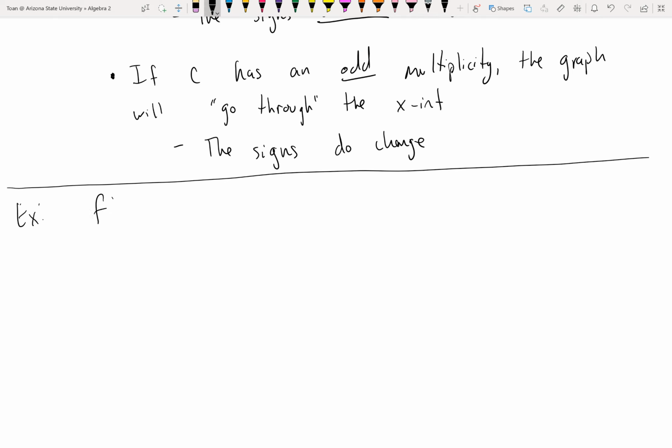Suppose I ask you to sketch f of x equals (x minus 1) times (x plus 2) to the 4th power times (x plus 3). The first thing I need to do is figure out my end behavior.